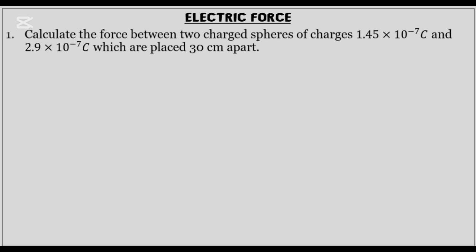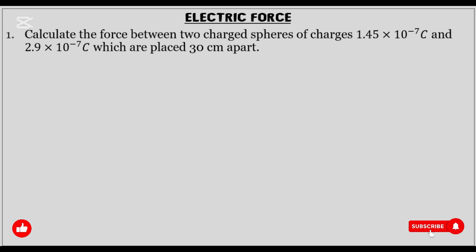Okay, now let's solve some examples given the concepts, equations and relations of electric forces. The question says, calculate the force between two charged spheres of charges 1.5 times 10 to the power minus 7 coulomb and 2.9 times 10 to the power minus 7 coulomb, which are placed 30 centimeters apart. So we have two charges and the distance between these charges.